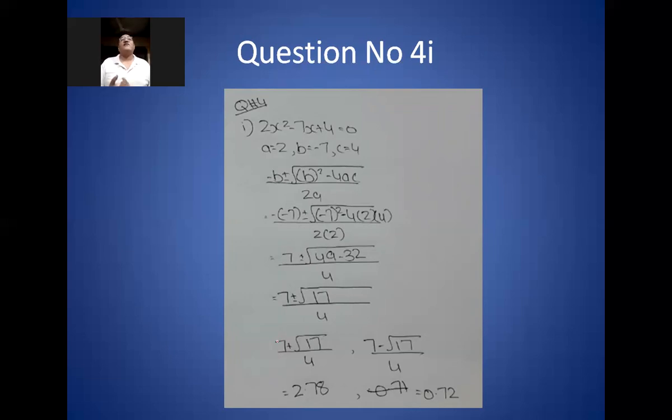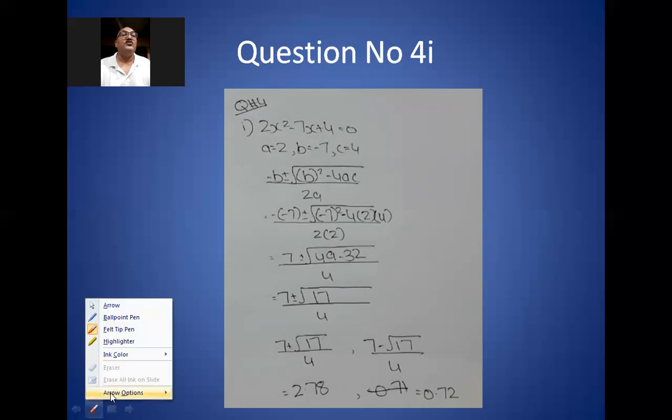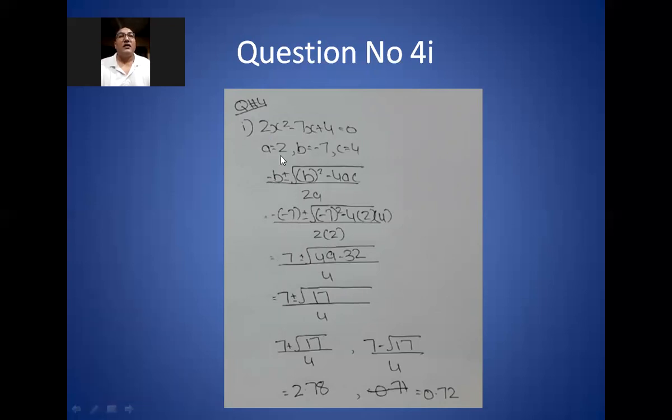So the a value will be 2, the b will be minus 7, and the c will be 4. So we will apply the quadratic formula. The quadratic formula is minus b plus minus under root b squared minus 4ac, the whole thing divided by 2a. I will substitute the values of a, b, and c here.